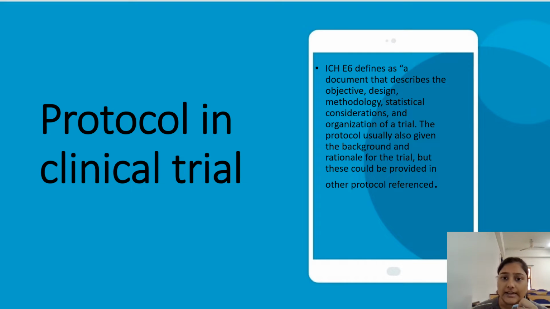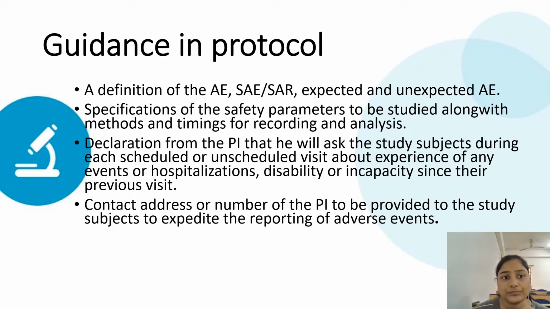Protocol in a clinical trial. The basic definition of a protocol according to the ICH-GCP guidelines is that it is a document that describes the objective, design, methodology, statistical considerations, and organization of a trial. The protocol usually also gives the background and rationale for the trial, but these could be provided in other protocol referenced documents.